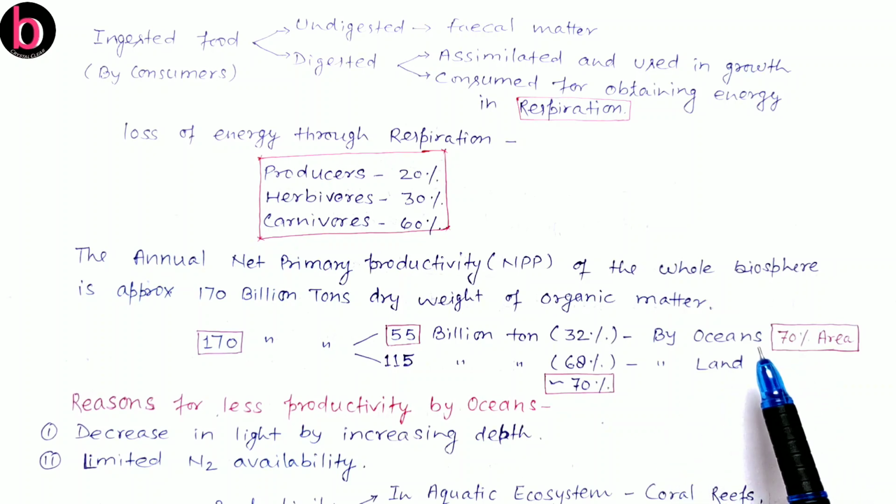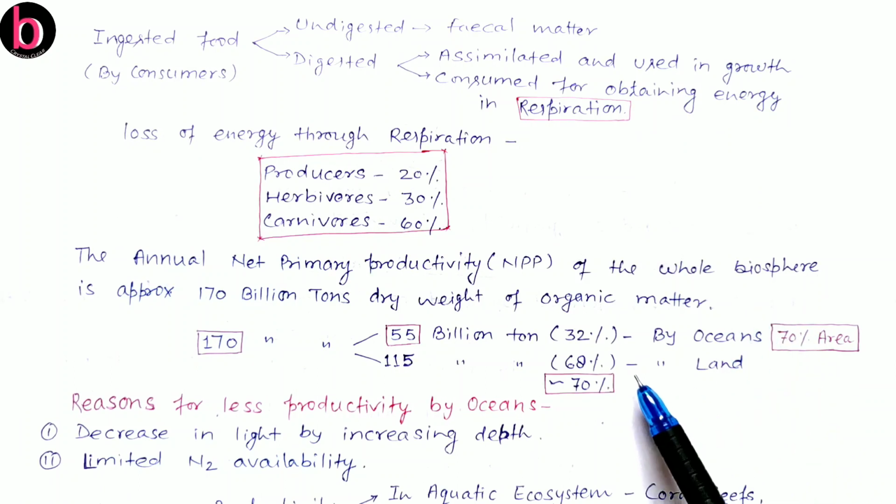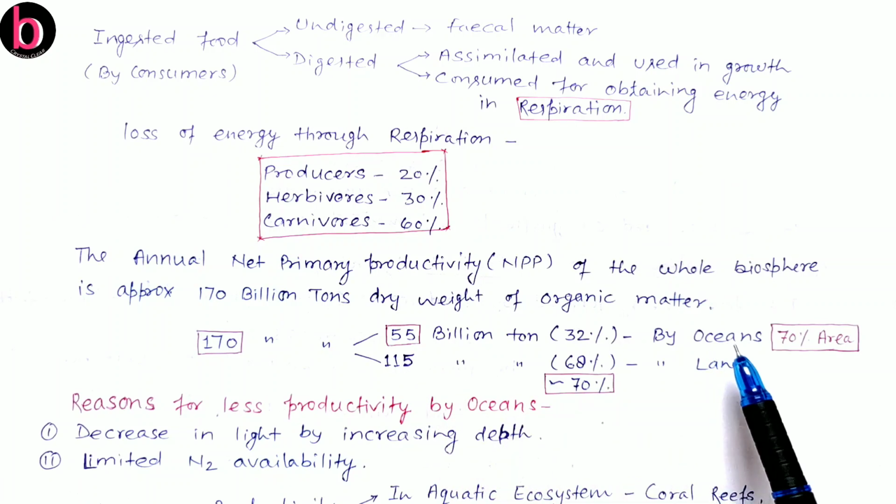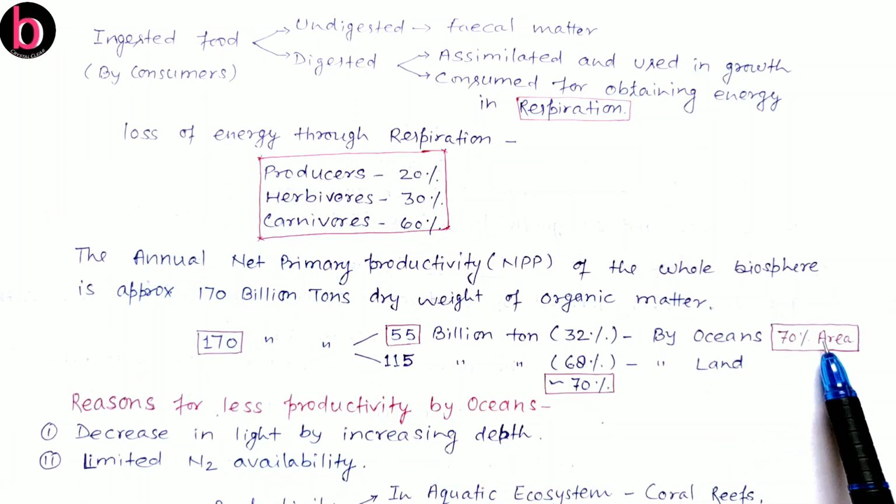So why does land area, which is nearly 30% of the total biosphere, carry such huge productivity compared to oceans that carry 70% of the area of the biosphere but have only 55 billion tons productivity? The main reasons for less productivity in oceans are these. First, there is a gradual decrease in light as we move deeper into the sea because of scattering of light. Light is diffused, so there is less light, low photosynthesis and low productivity.